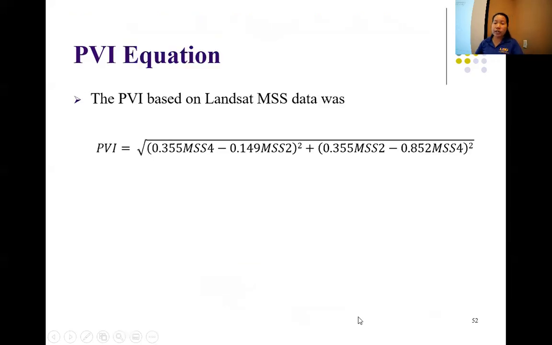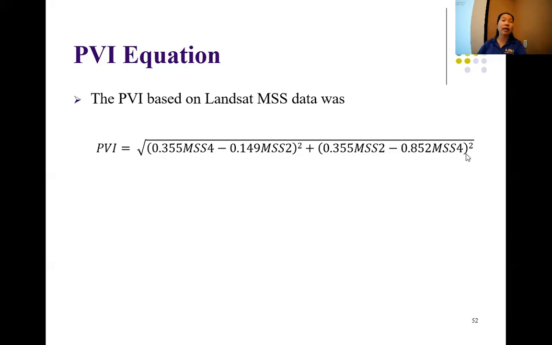And the equation we use over here is for the MSS data set. The bands involved are MSS band 4 and band 2, as shown here. So once you have a Landsat MSS data set, you can calculate PVI using this equation.